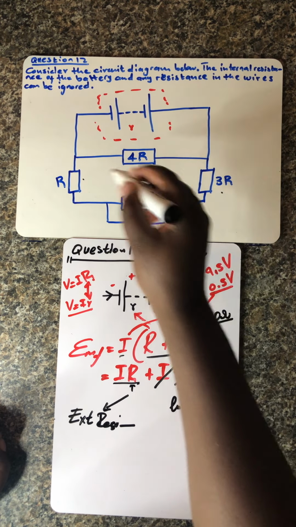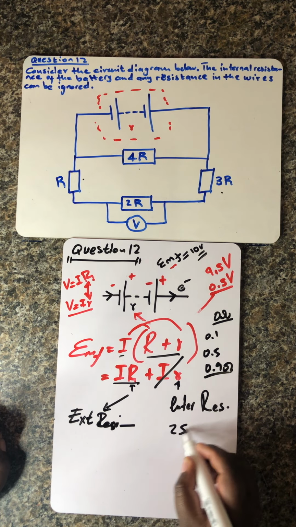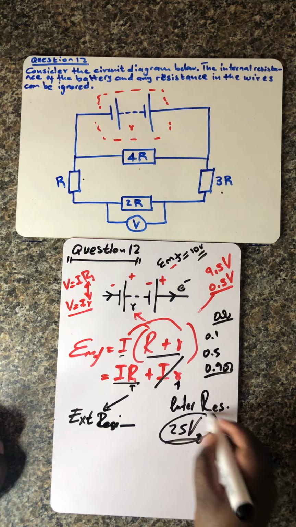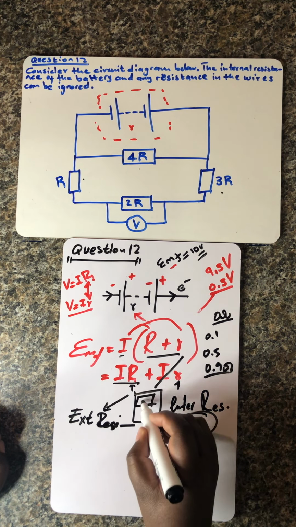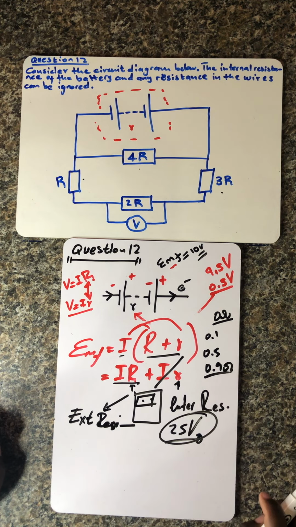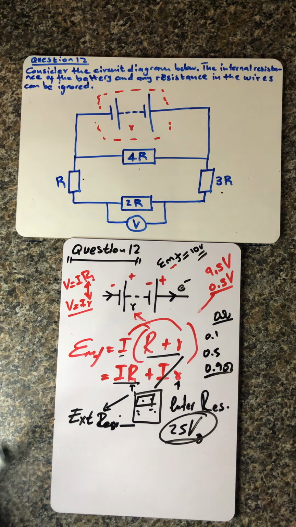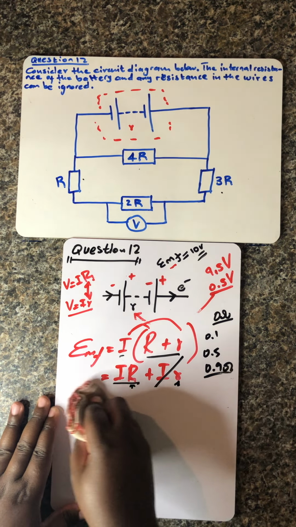So each of those electrical appliances is going to share 25 volts. Why 25 volts? Because that box needed some electricity to enable you to load the 100 rand worth of electricity.